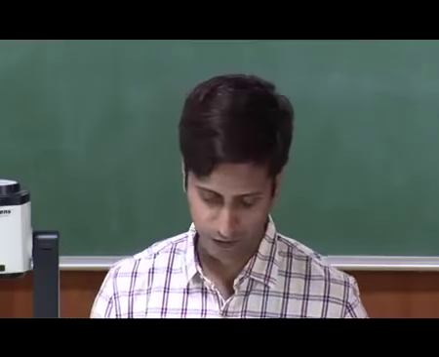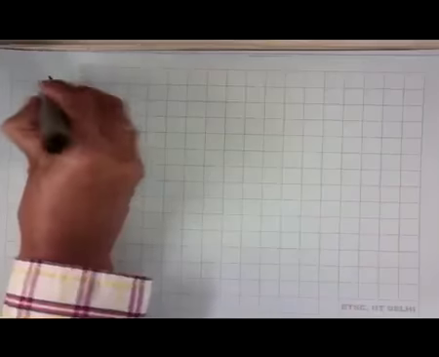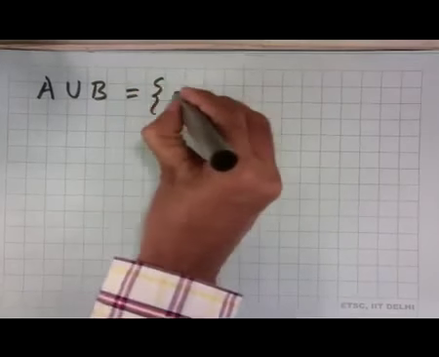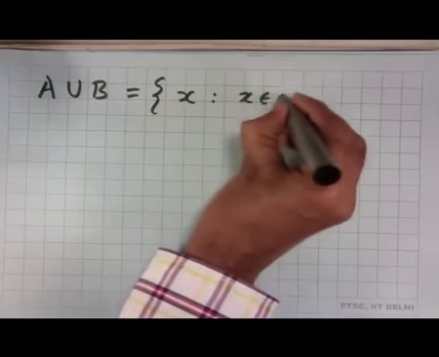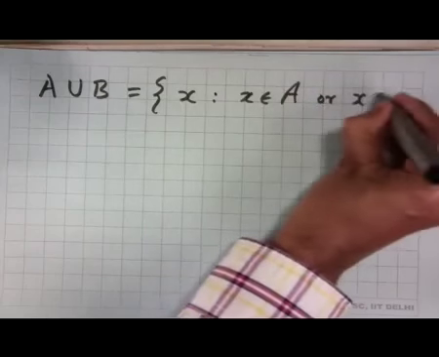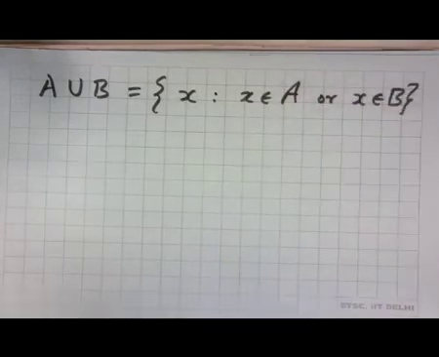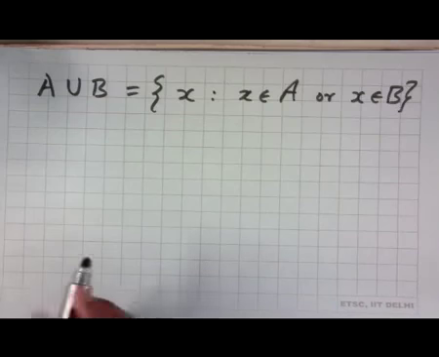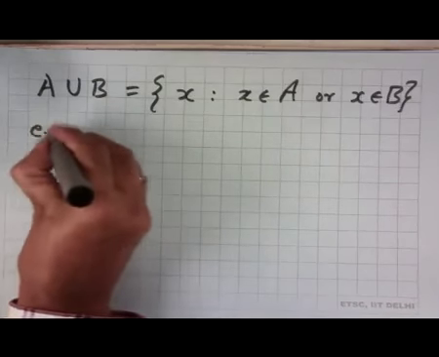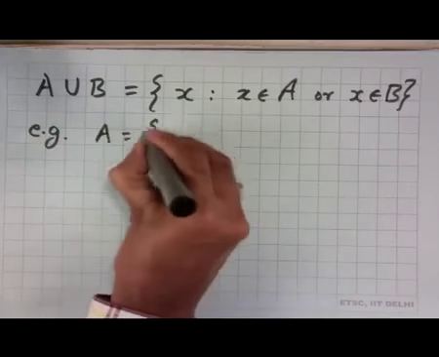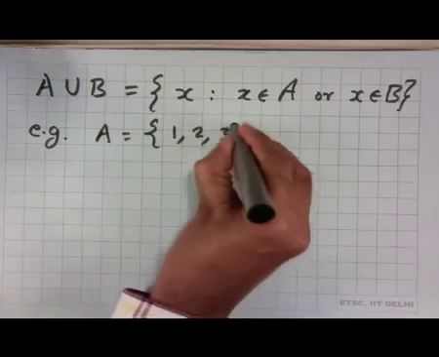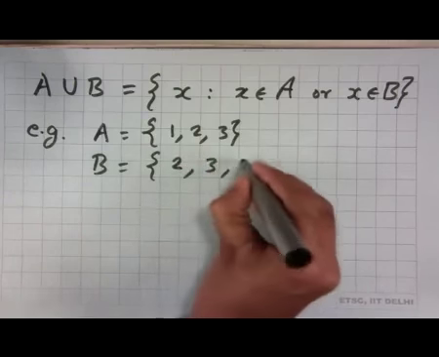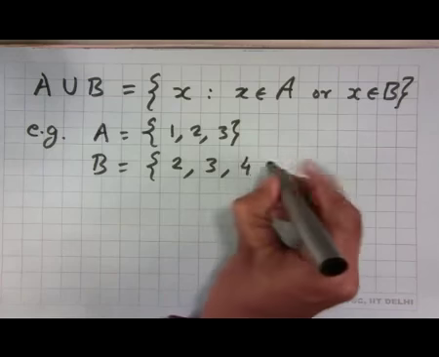Right. So, let me write this notation. So, A union B is the set of all x such that x belongs to A or x belongs to B. So, for example, let A be the set containing 1, 2 and 3, B the set containing 2, 3, 4 and 5.